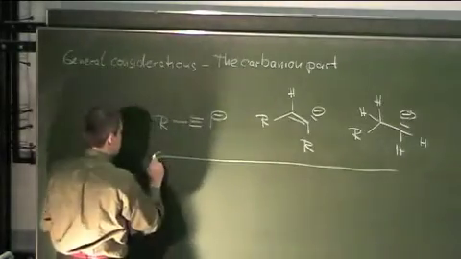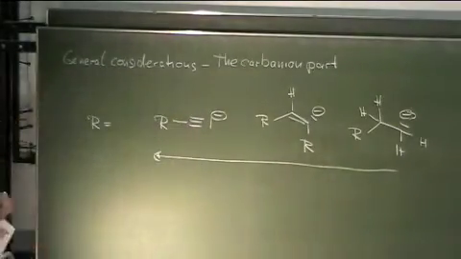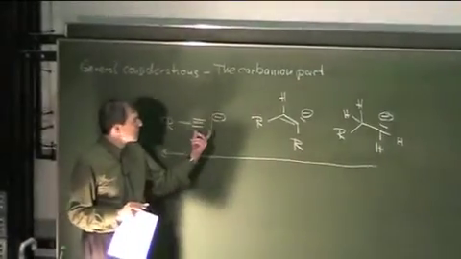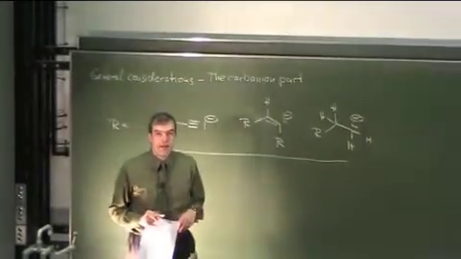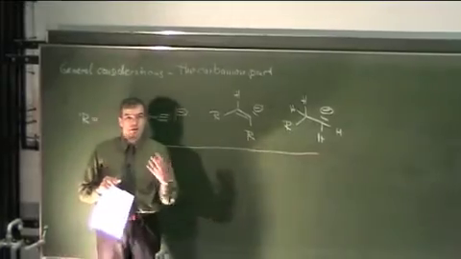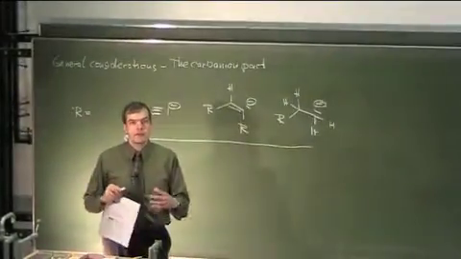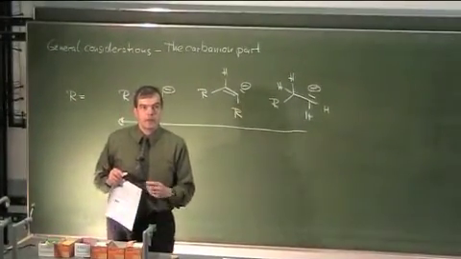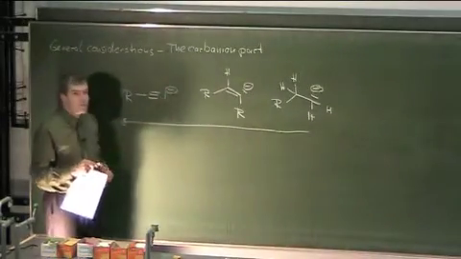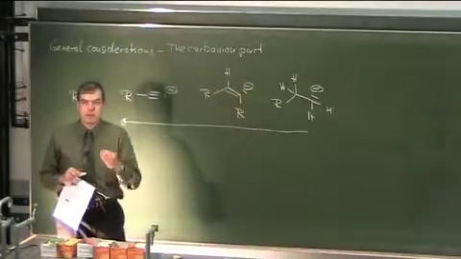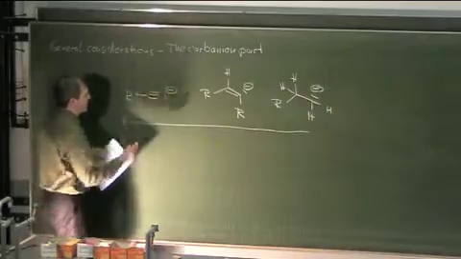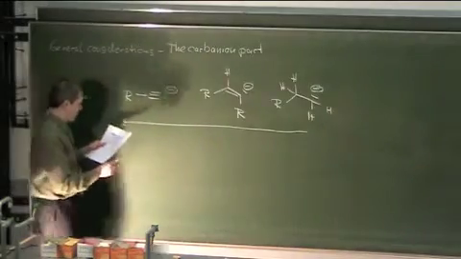And the common feature is that the stability of such carbanions becomes greater the higher the s character of that carbon is, because more s character of a carbon means that the orbitals are closer to the nucleus, and therefore the negative charge is, you can think about this, bound more tightly, and therefore these compounds become more stable.